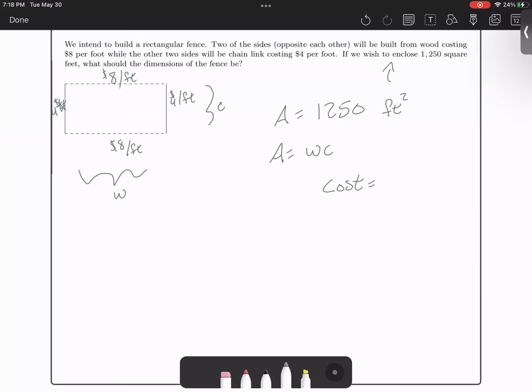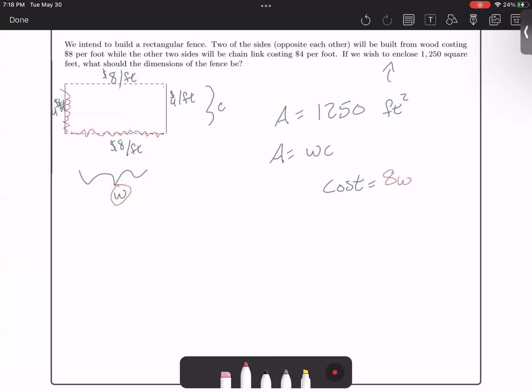The cost is going to be, it's going to take me $8 per foot here, and I've got W feet there. So it's going to be 8 times W, right? For every W, I've got $8 there. So that's how much it cost me to build that part of the fence.